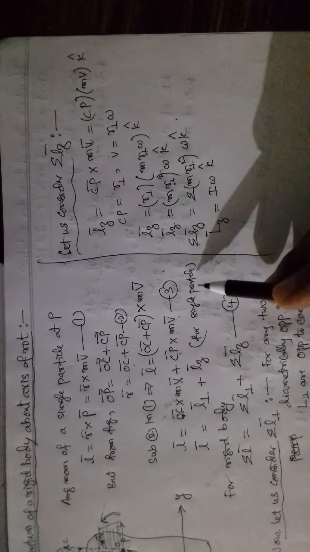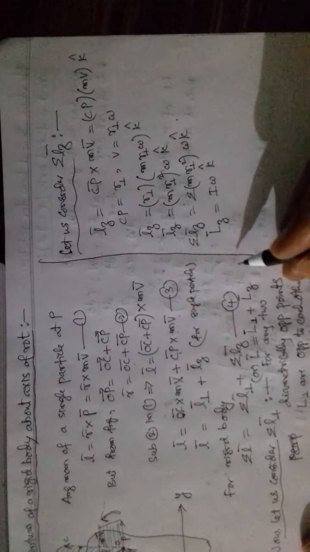Here for a single particle we wrote this, and for a rigid body we wrote the summation on both sides. The summation of L is nothing but capital L. Capital L is equal to, this can be written as L perpendicular plus this can be written as Lz, like this.